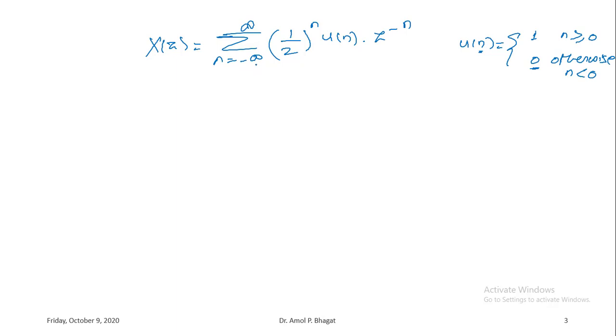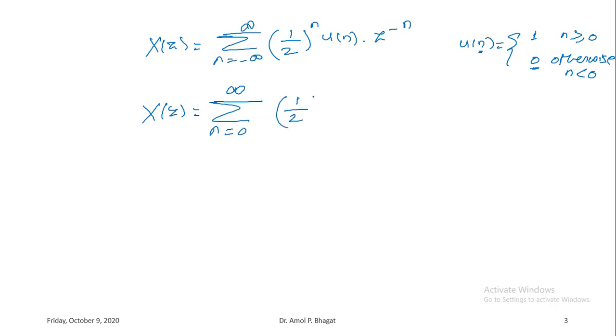Instead of starting from minus infinity, you can start from 0 to infinity. That means you have eliminated values of n from minus infinity to minus 1. So the modified limit is summation n equals 0 to infinity. All negative values of n have been eliminated from the summation limit.